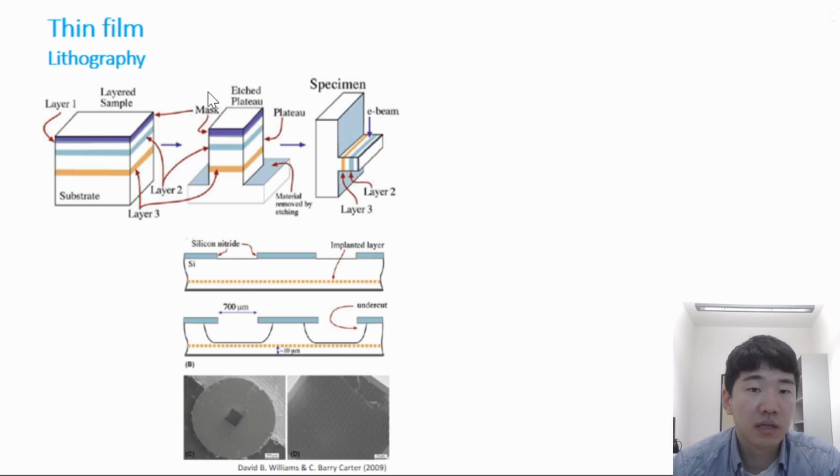The material on either side of the line can be removed by etching to give a plateau which is thin in one direction. When we remove most of the remaining material, we can also remove the remaining part like here, and we can directly observe the thin film sample by TEM.